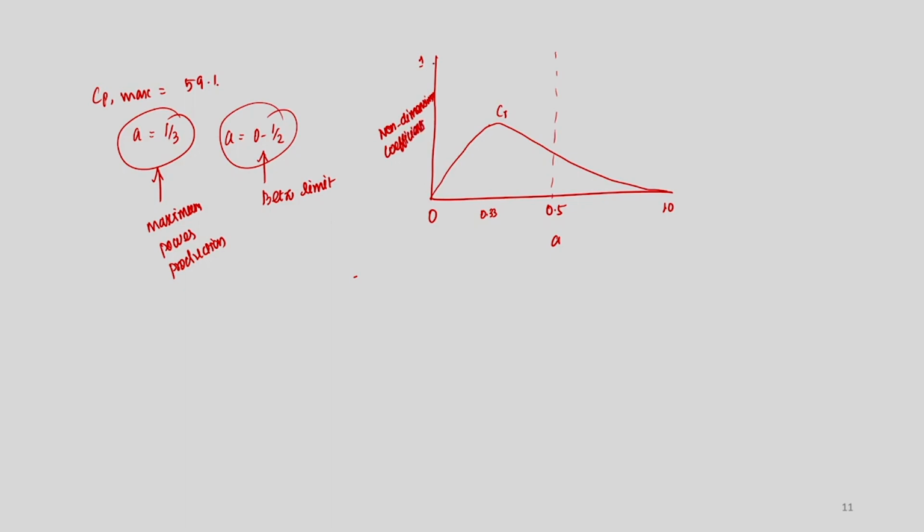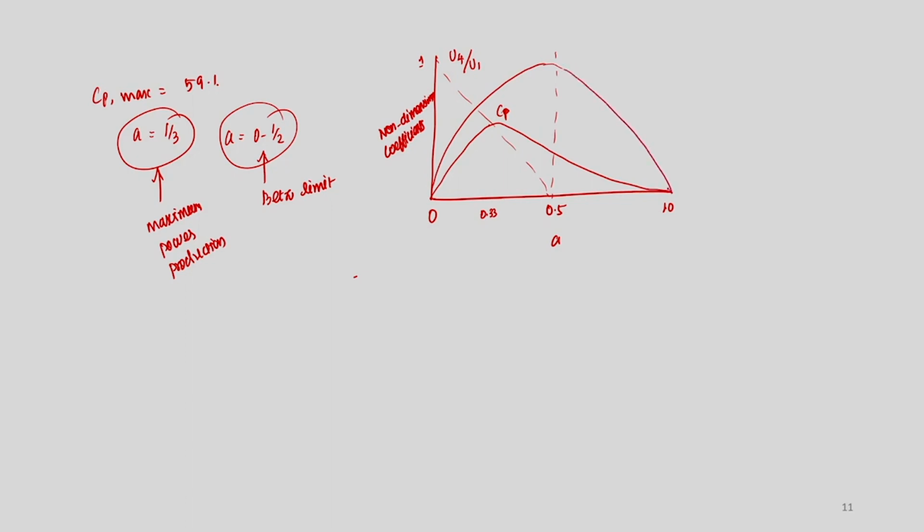If you draw that, U4 is your downstream velocity and U1 is your upstream velocity. That ratio is maximum when the axial induction factor is 0, that is 1, and it reduces to 0.5. This is Cp. The maximum power coefficient happens when A equals 1 upon 3, and Ct is around 0.89.